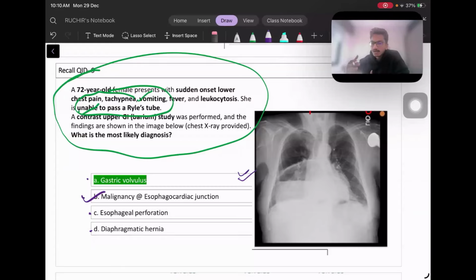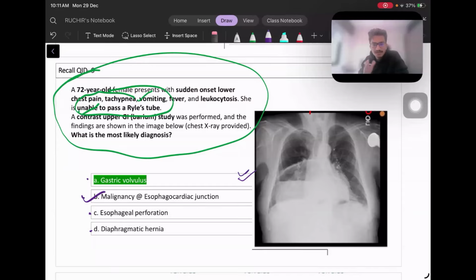There is a large radio-opacity with the air fluid level which is seen. So I would not be considering esophageal perforation if this patient comes to me with this X-ray. I would suspect it if the patient has retching, vomiting, and I do an X-ray or a CT scan and there is a pneumomediastinum, with some fluid in the thoracic cavity.